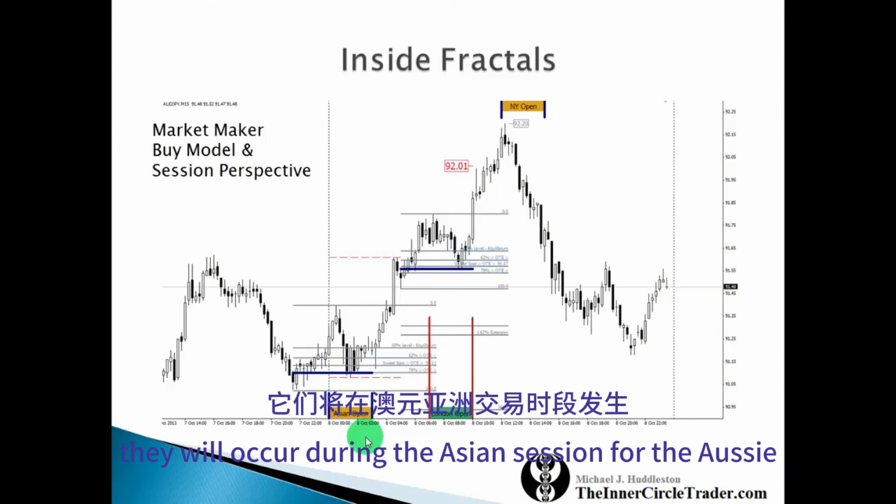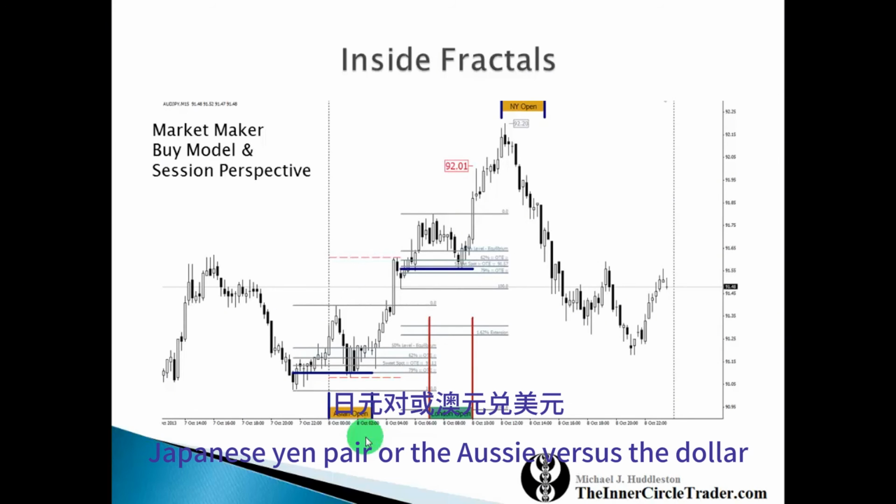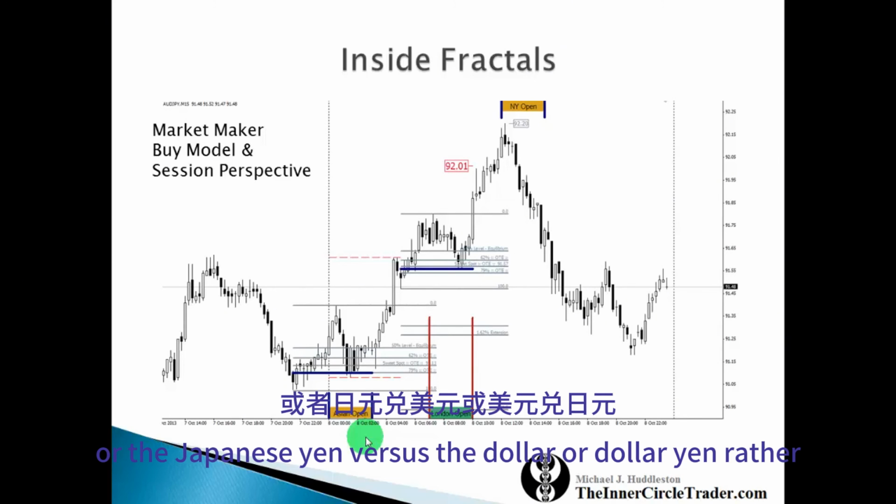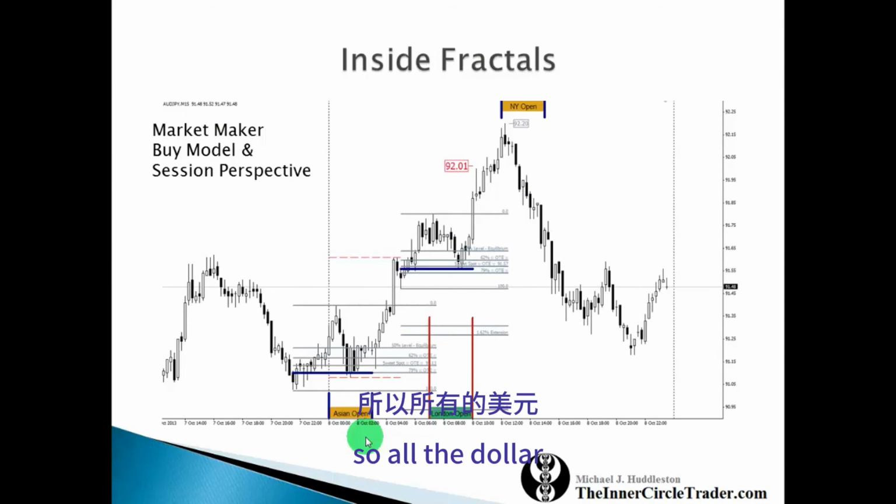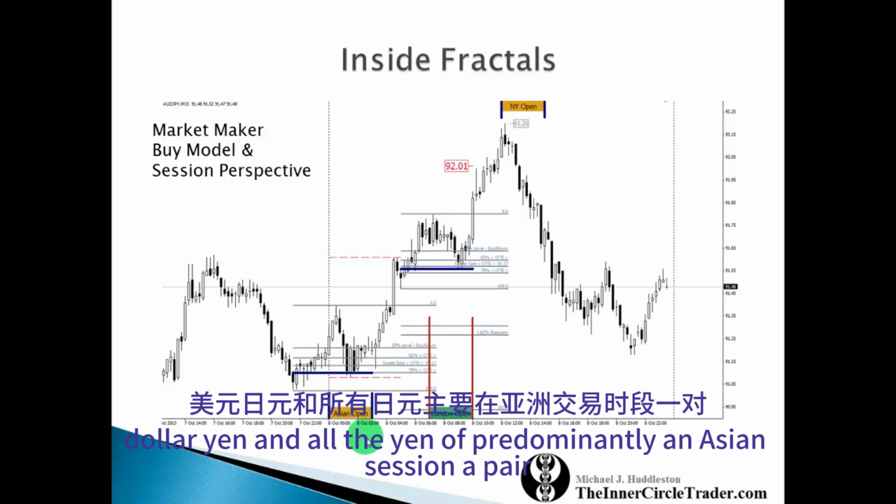They'll occur during the Asian session for the Aussie Japanese yen pair, or the Aussie versus the dollar, or dollar yen rather. So Aussie dollar, dollar yen, and Aussie yen are predominantly Asian session pairs.